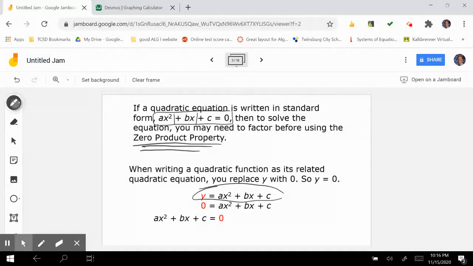Now what are we doing? Very simple. We're taking y and we're going to set it equal to 0, because that's where we're looking for that x-intercept. And where do we have our x-intercepts? On the x-axis, where y is 0. So anything that you see as a y, we're going to put as 0, and that's how we're going to solve these, all right?